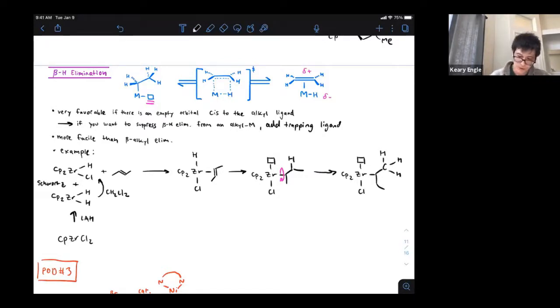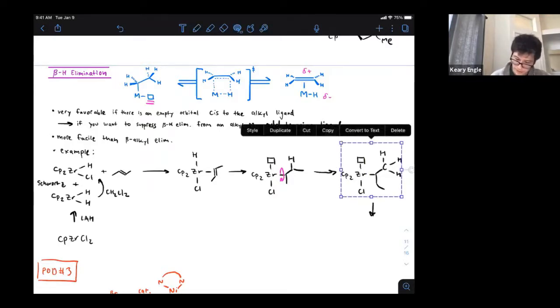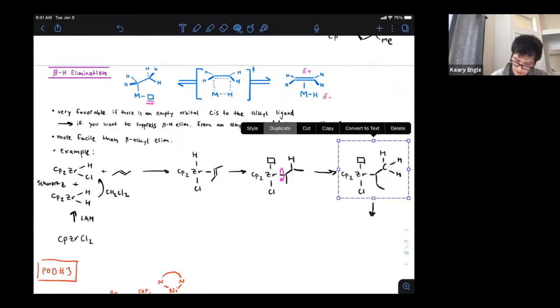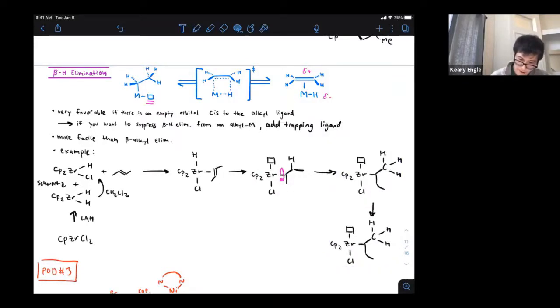Okay. And then you said you were going to beta hydride eliminate to the methyl. And then we'll have the terminal alkene complex. And then are we done?